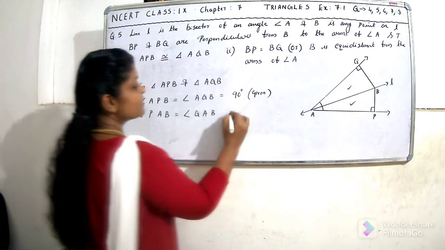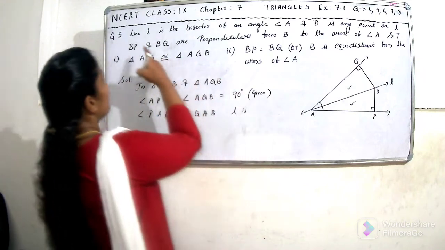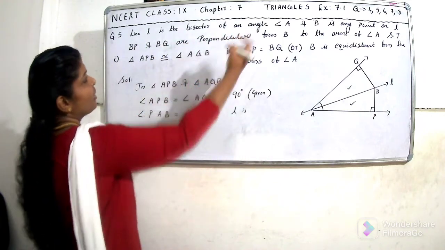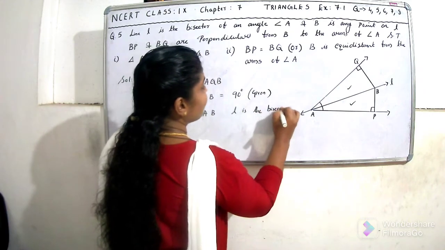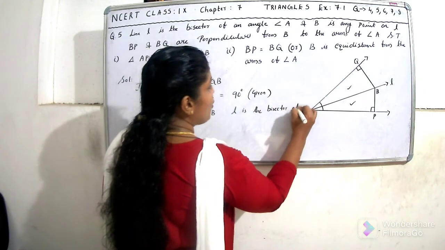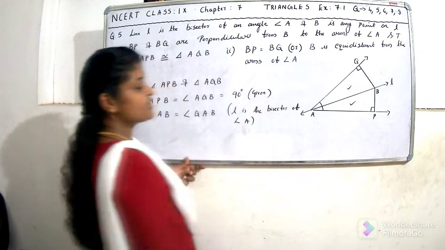Okay, what is the reason? L is the bisector of angle A. That is the reason.